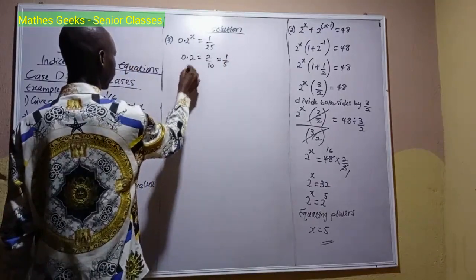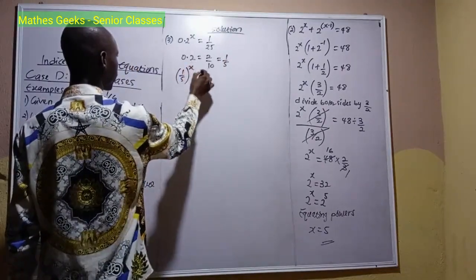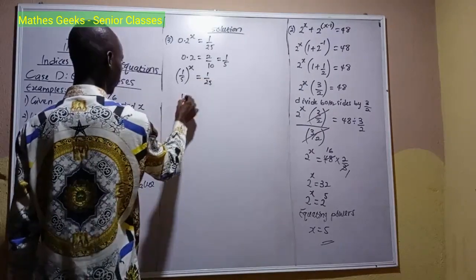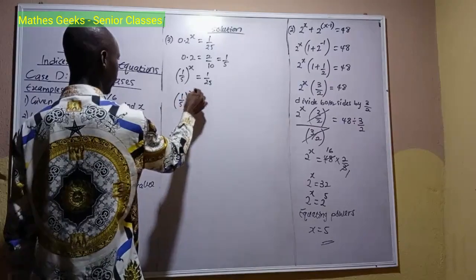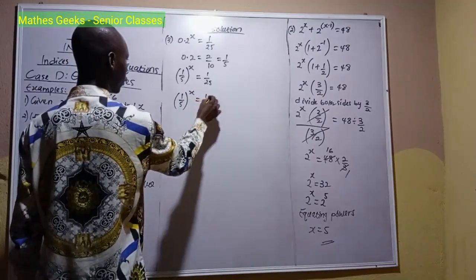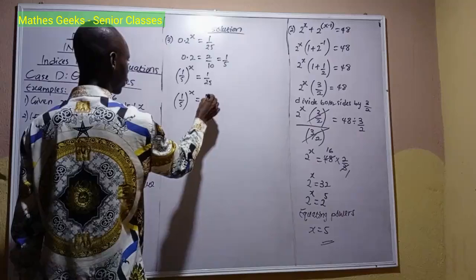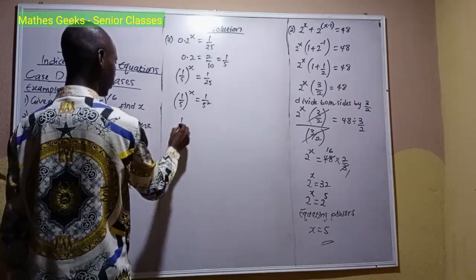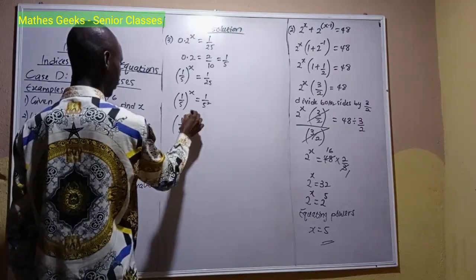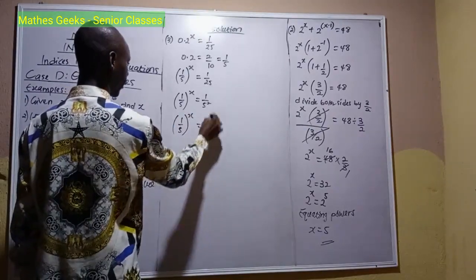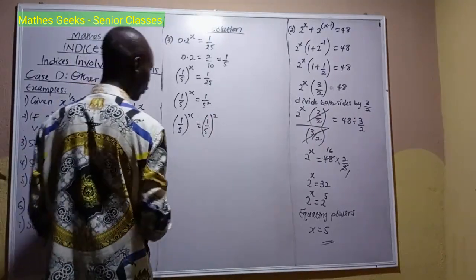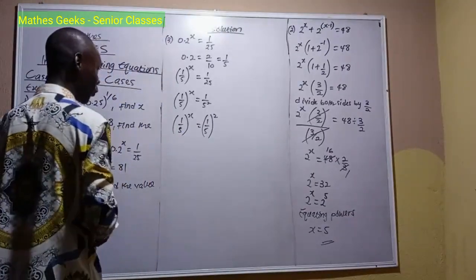So 1 over 5 raised to the power x is equal to 1 over 25, which is 1 over 5 raised to the power 2, since the square of 1 is also 1.